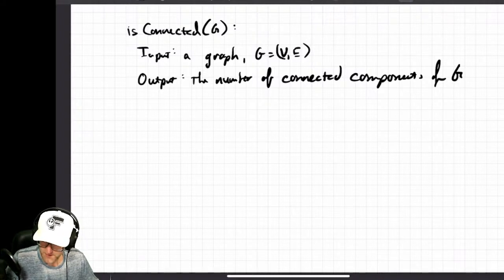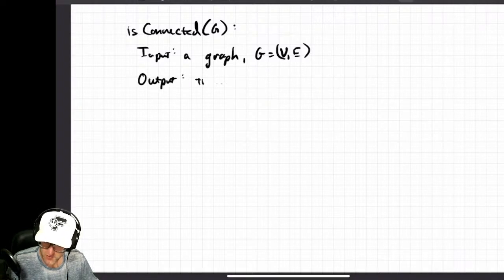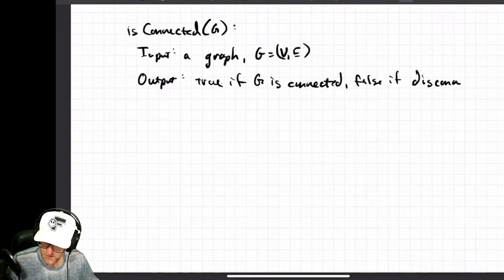Our input is the same, but instead of this output being the number of connected components, it's a decision problem. The output is going to be a true or false statement. So it's going to be true if G is connected. Who would have thunk that, given the name? False if disconnected.